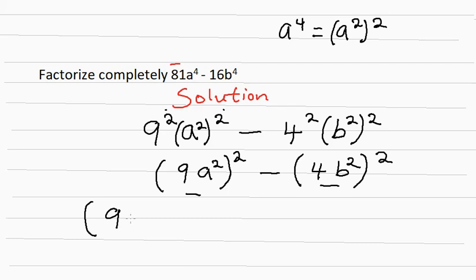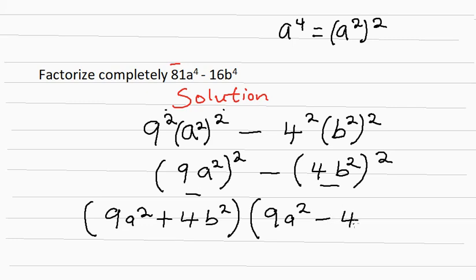We have 9a squared plus 4b squared in one bracket. Then in another bracket, I will have 9a squared minus 4b squared.